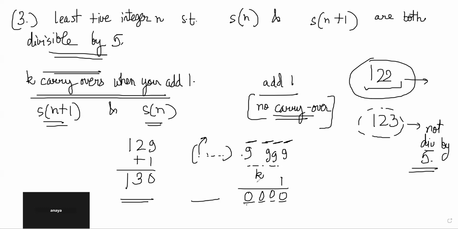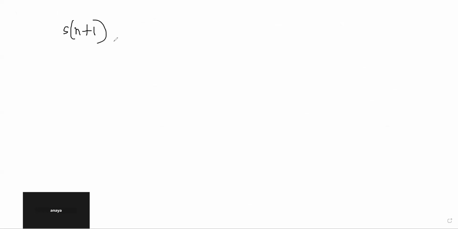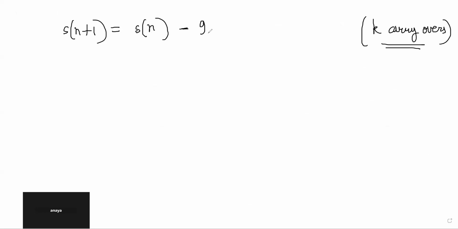So, the difference between the sum of the digits here and the sum of the digits in this number. Let's think about it. So, sum of the digits of n+1, and we are doing the case when there are k carryovers, right? Sum of the digits of n+1 is equal to sum of the digits of n minus 9k plus 1.